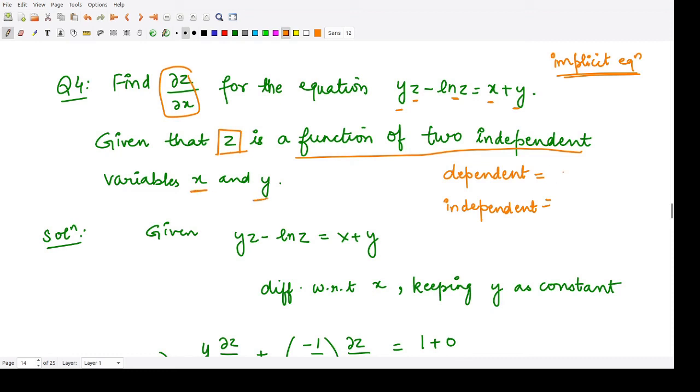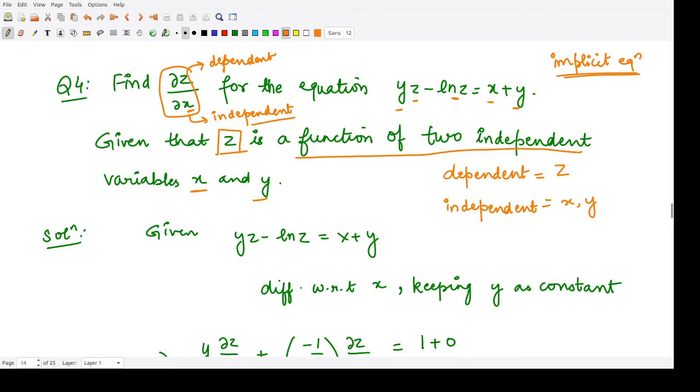So from here it is clear that z is dependent and x and y are independent variables. However, if it is not given in the question, and you are asked to calculate the partial derivative of z with respect to x, that means here z is the dependent variable and x is the independent variable. So accordingly we will calculate the derivative.